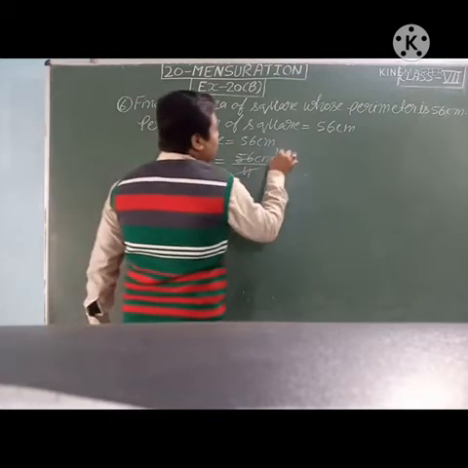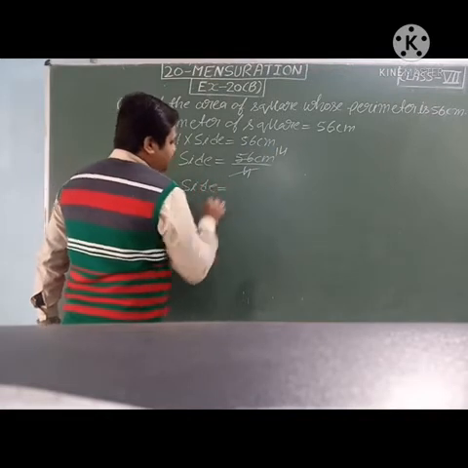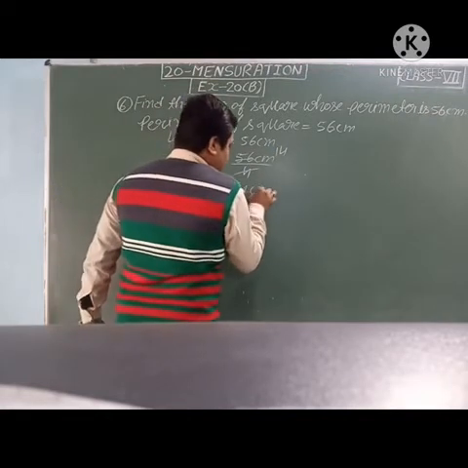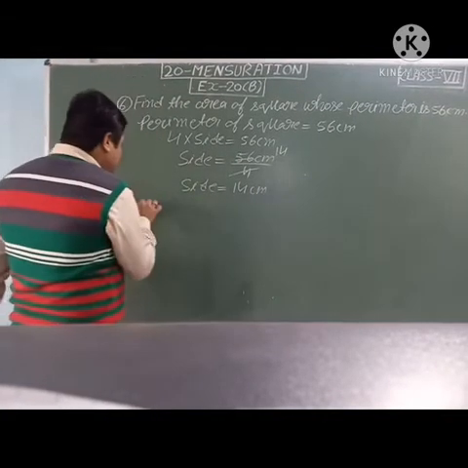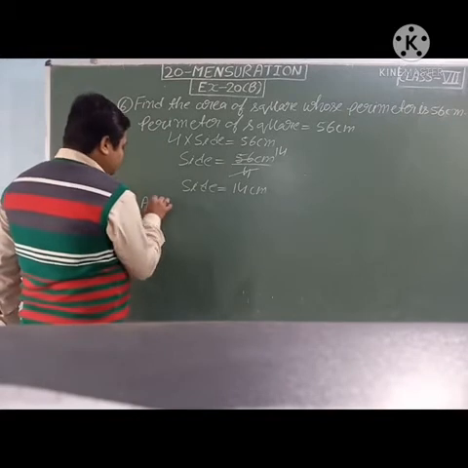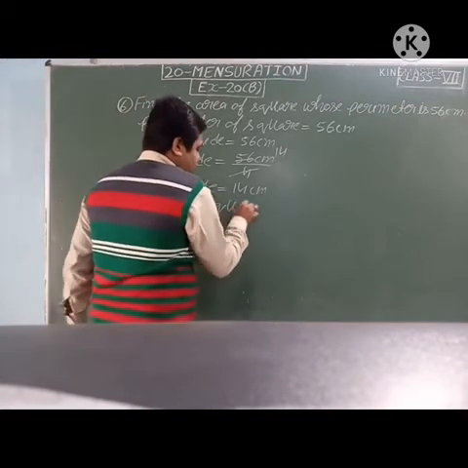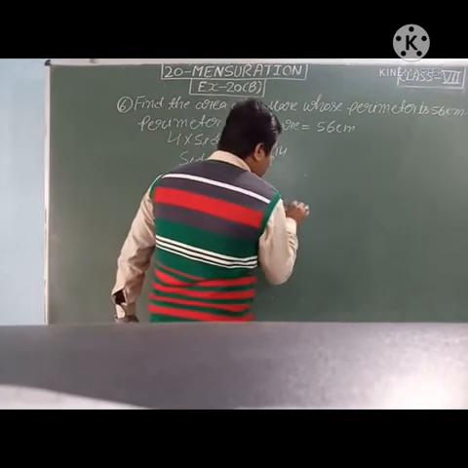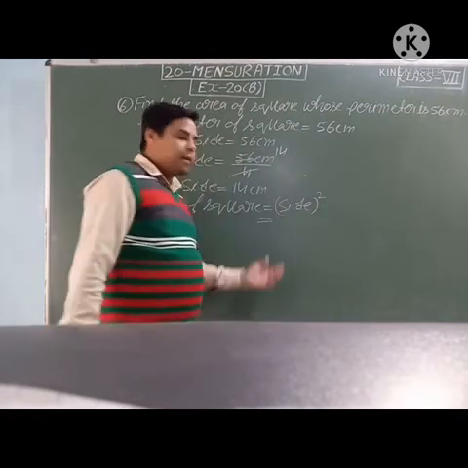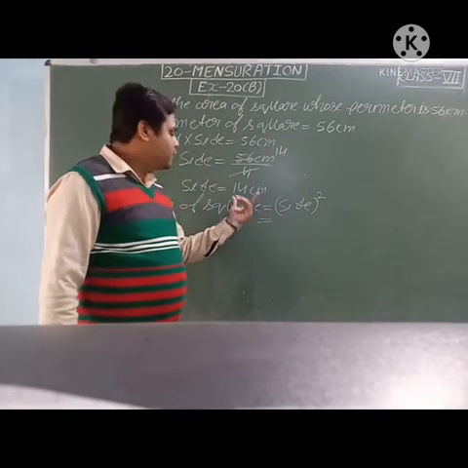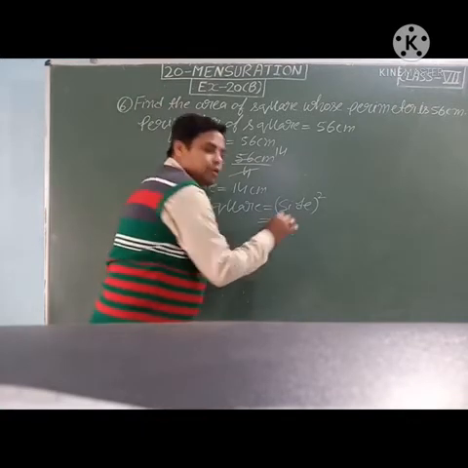So 4 1s are 4, 4 4s are 16. So students, side is equal to 14 centimeter. Now we can find the area. So area of square is equal to side square. By putting the value in this formula, you can find the area of square. So this you have to find yourself.